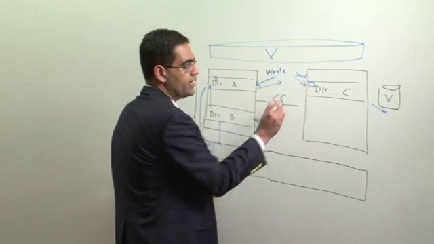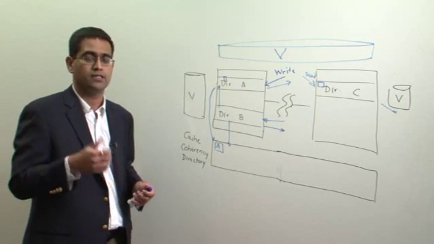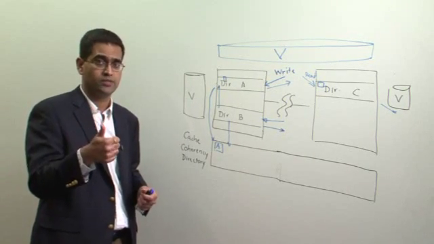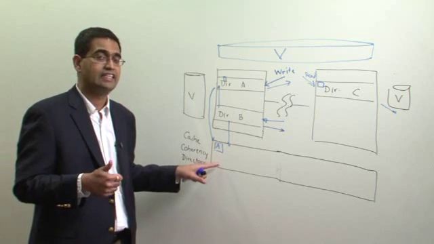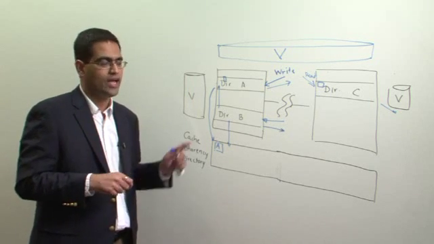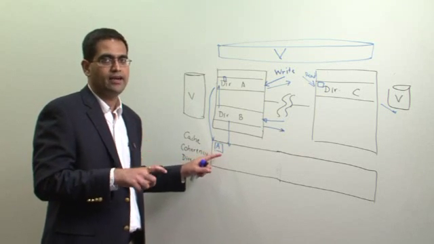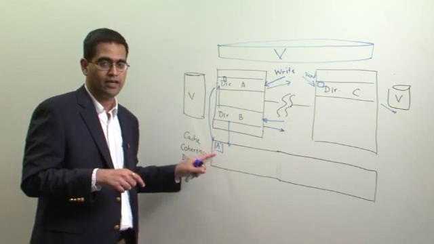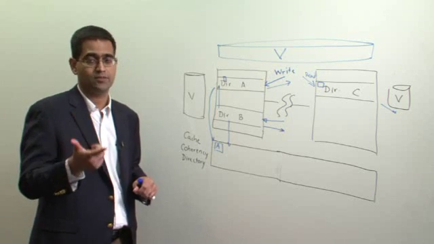So the read comes into director C, and the same question gets asked. Do I have it? The answer is no. Does anyone else have it? The answer is yes. In this case, A has it. Now, we go back to the same question we had in the Metro scenario. It knows that that data is dirty. So as part of checking on A, it says, is this dirty or has this been flushed?